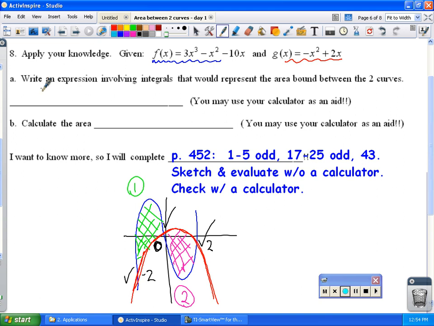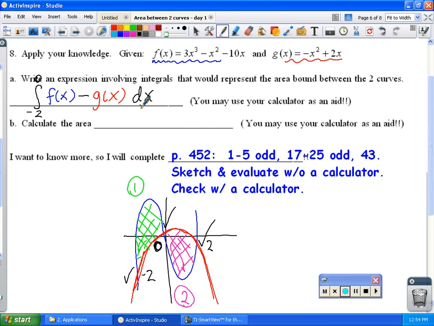So I'm going to collect the area starting at -2, stopping at 0 of, in this case, blue curve f of x minus red curve g of x, and this is in terms of x, dx. That is the first region of area.